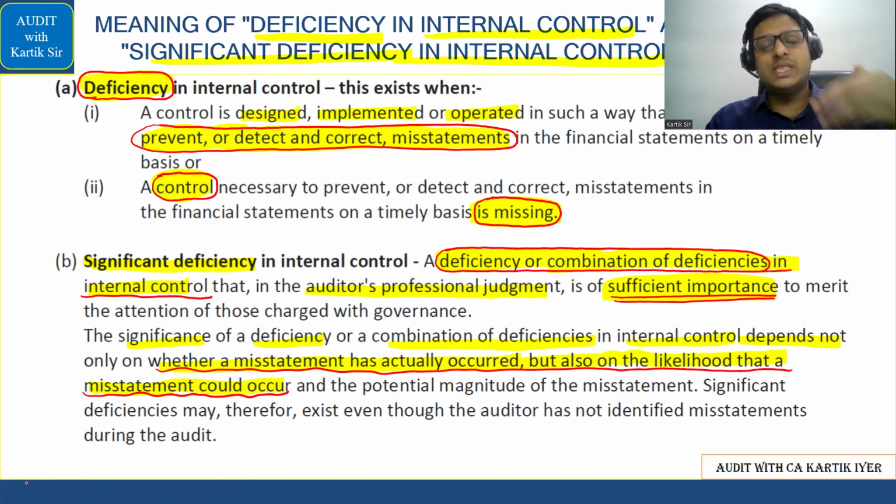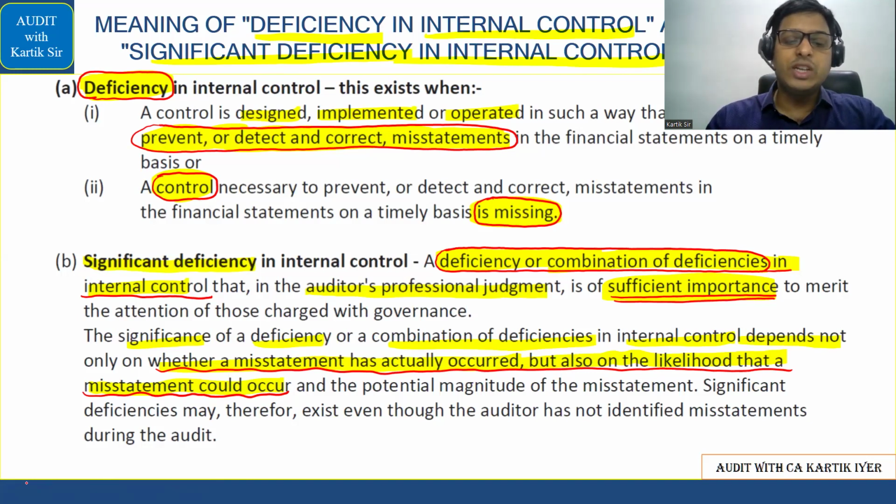Now, when do you call it a significant deficiency? See, it is given below. A deficiency or combination of deficiencies in internal control that in the auditor's professional judgment is of sufficient importance. So, if the auditor thinks the control is very, very important and the deficiency is affecting it so much that it is going to cause problems in relation to financial statements, then the auditor will bring that to the attention of the TCWG.